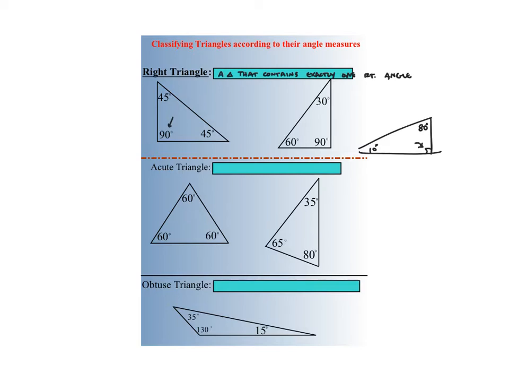An acute triangle is a triangle with exactly three acute angles. So we've talked about acute.